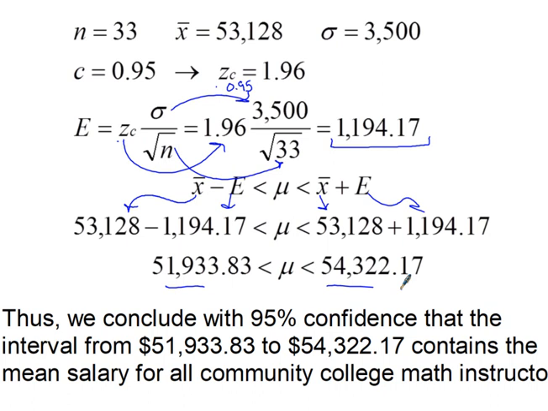So we conclude that with 95% confidence, the interval from $51,933.83 to $54,322.17 contains the mean salary of all community college math instructors. In other words, we don't know what all of them make, but we're 95% sure that it's between those two numbers.